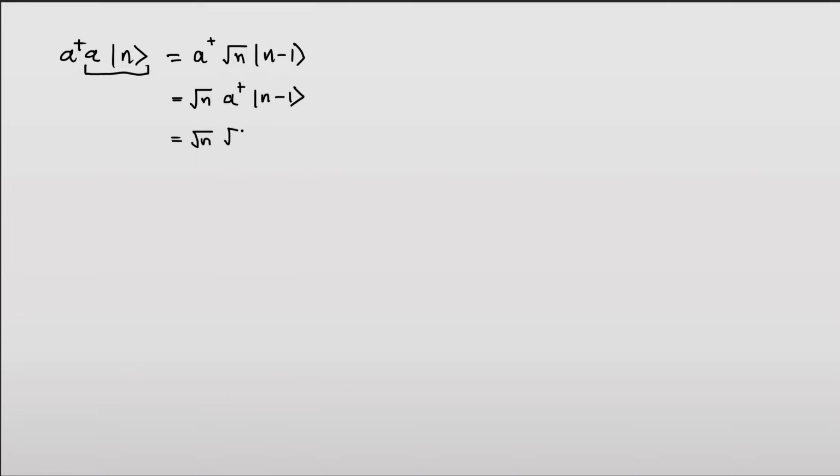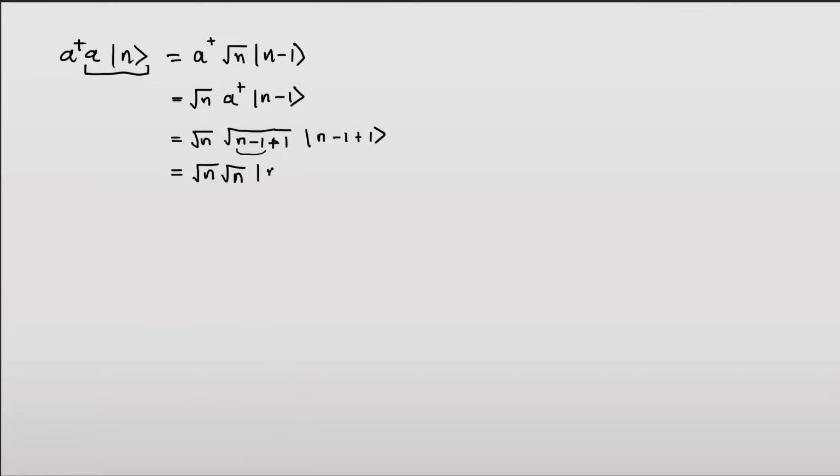This, and then we're adding to that, and then our end result is going to be our N minus 1 plus 1 state. So what does this reduce to? This reduces to the square root of N times the square root of N times, just N, right? And so square root of N times square root of N, well, that's just N times N, like that.